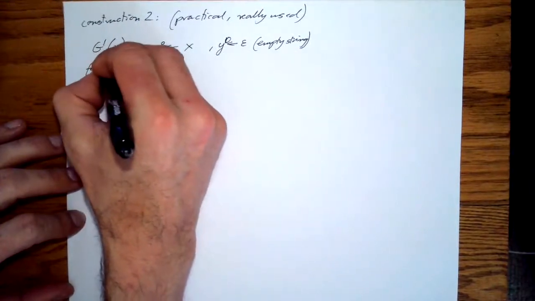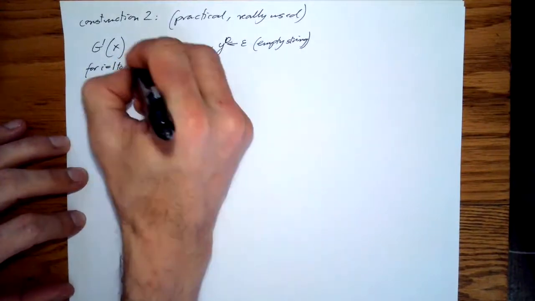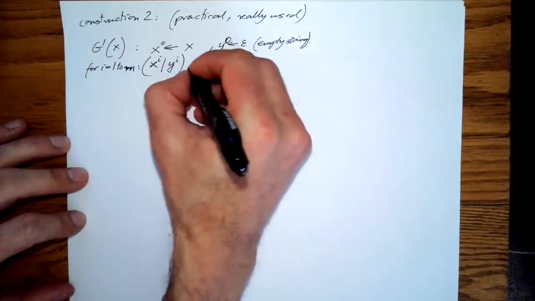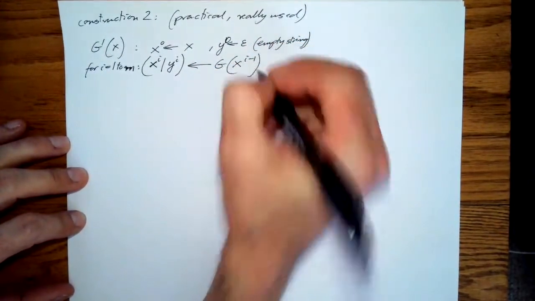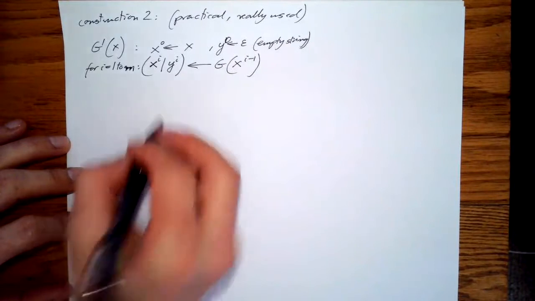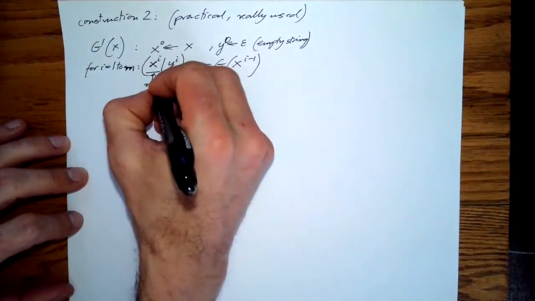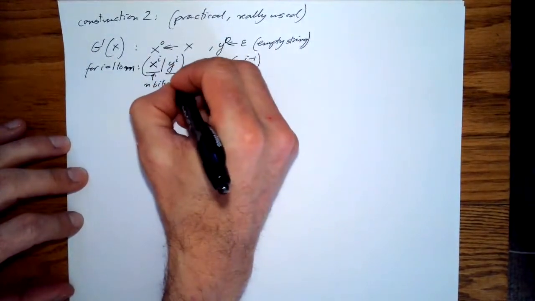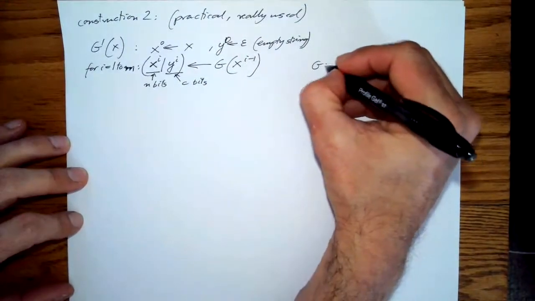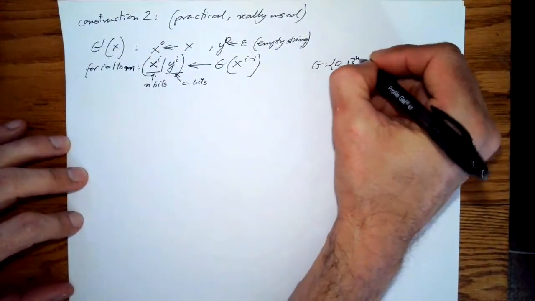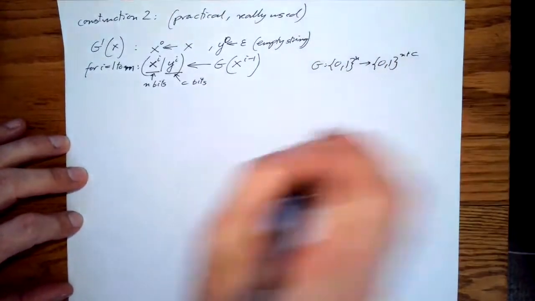For i equal 1 to m, it does x_i y_i as G of x_{i-1}, where the parsing of this is that this is n bits, and this is these extra c bits. So G takes n bits and outputs n plus c bits.